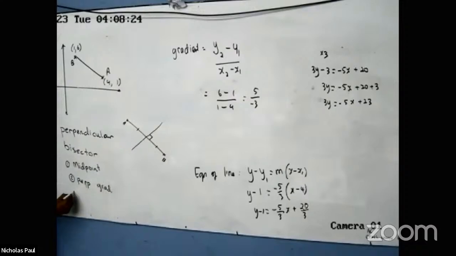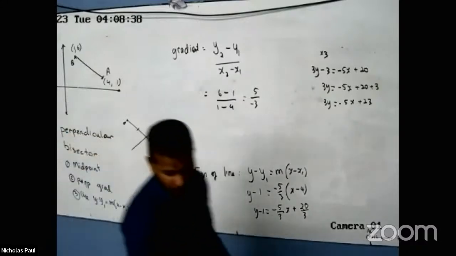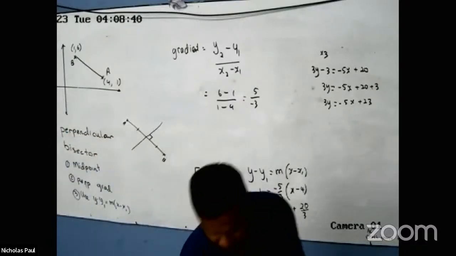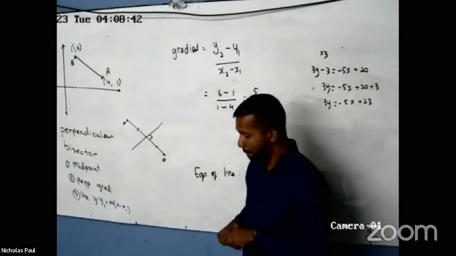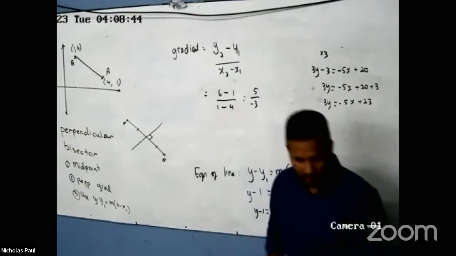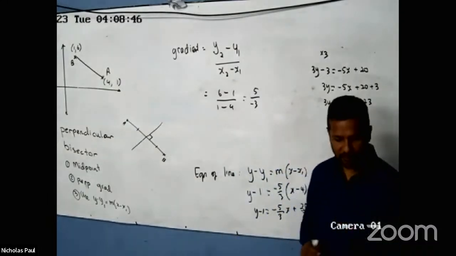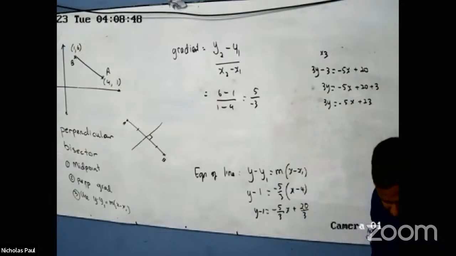And then the last thing, once we have the gradient and the midpoint, we use the equation of the line: y minus y1 is equal to m times x minus x1. Okay? So I want to show you how to get everything one time. Copy down, please.